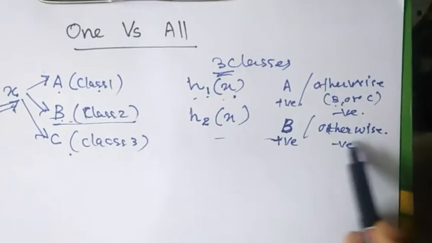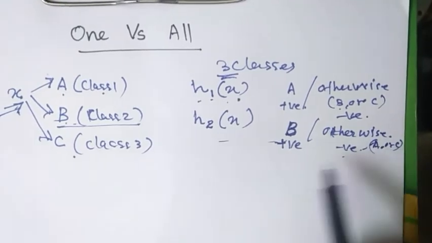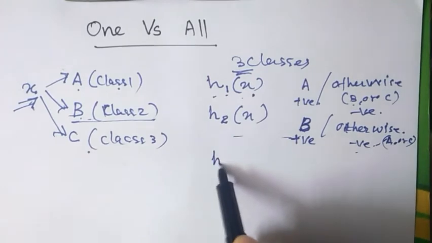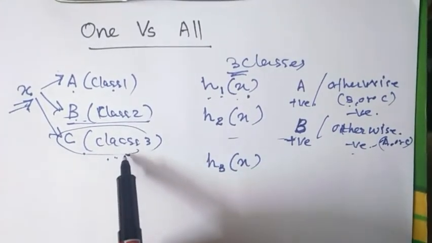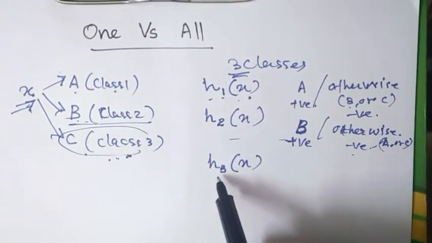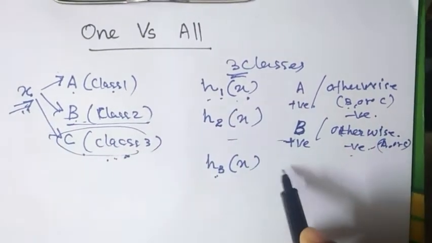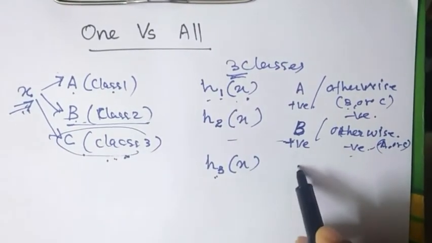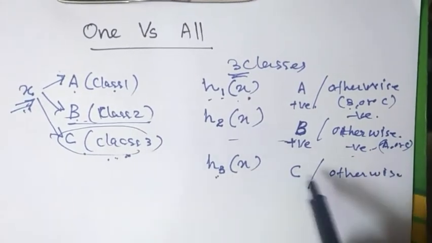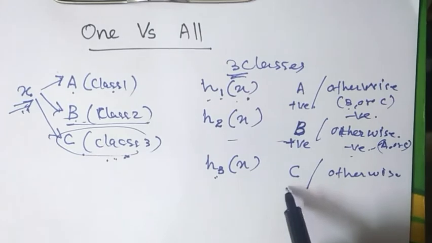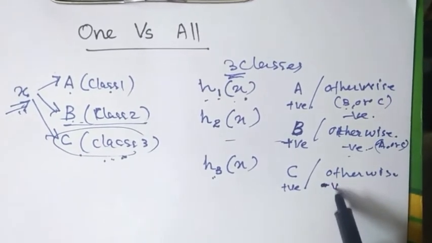Here, otherwise means it maybe belongs to either A or C. Next, our third hypothesis H3 of X is for class C. It will classify our given input into either C or otherwise. If X belongs to C, it will be considered a positive sample. Otherwise, it will be considered a negative sample.